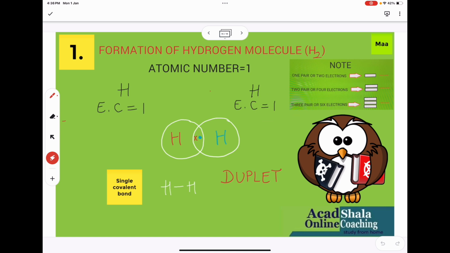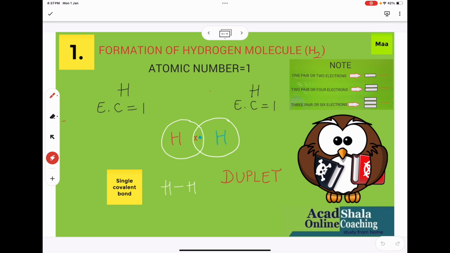Now, after this, I have to see what I should do to attain the stable gas configuration. In the beginning, if you remember, I told you that the atoms which share electrons do so because they have to attain the stable gas configuration in their valence shell, that is to complete their octet. But over here, in the case of hydrogen, I told you that it is only hydrogen which shows the duplet state.